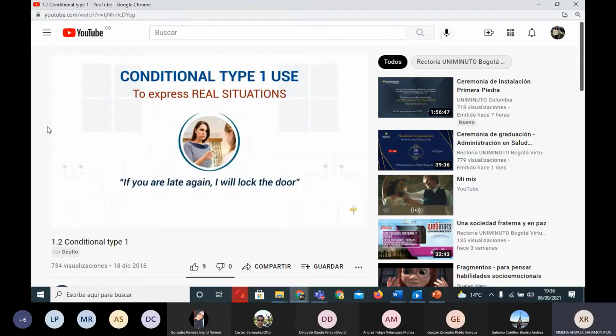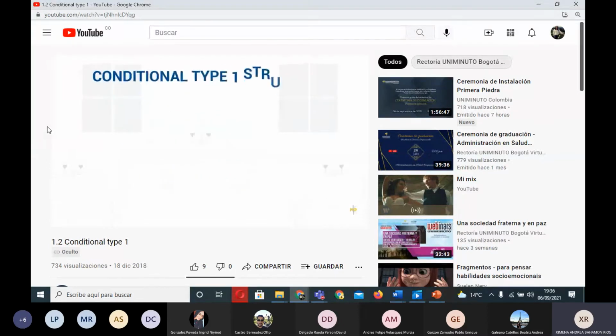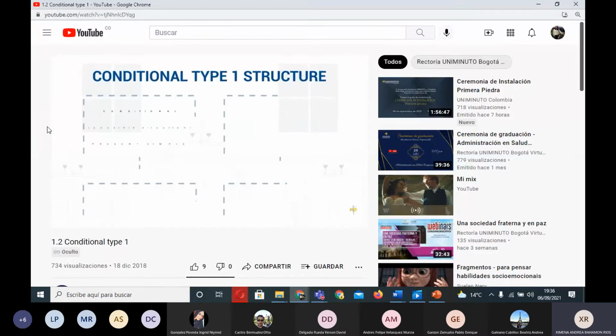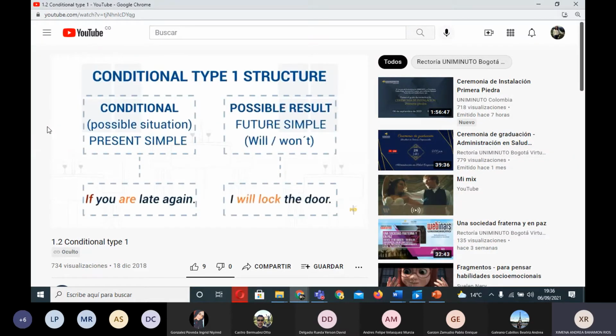How do we form the conditional type 1? Let's check the example again to study its structure. The condition is a possible situation. If you are late again, the result is possible depending on the condition. I will lock the door. The condition is introduced by the word if, and it is followed by the present simple tense of the verb. In this case, are.